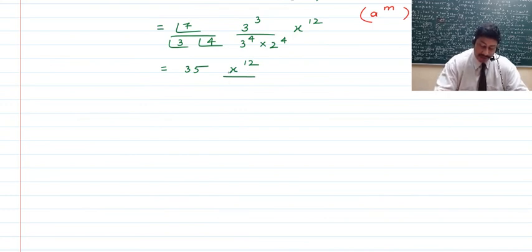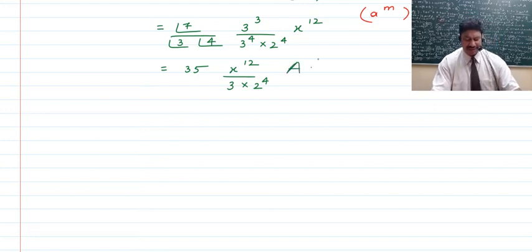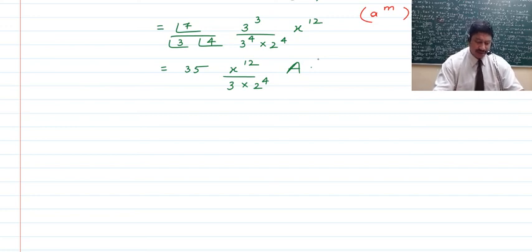The powers of 3 can be cancelled off, so we'll be left with 1 power of 3 in the denominator, and we'll also be left with 4 powers of 2, because it doesn't get cancelled with any power of 2 as there isn't one. And further we multiply that with x raised to the power 12, which has already been written, and this is going to become your final answer. More simplification in this can be done, but it is not required. If you just write it this way, then you would have written your answer correctly.